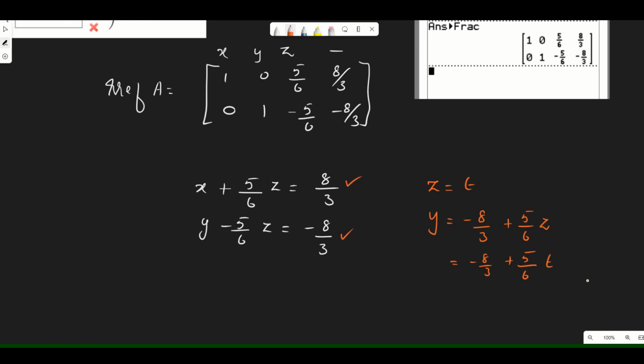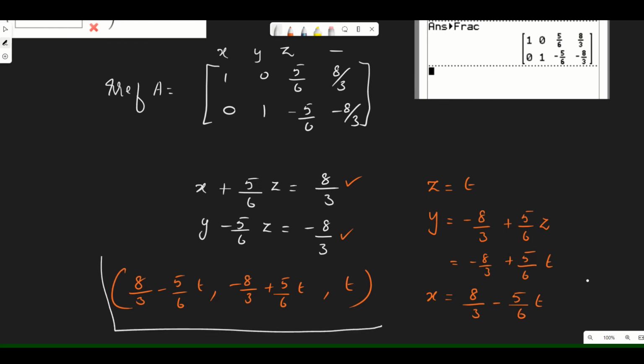And from the first equation, I will get x equal to 8/3 minus 5/6 t, z is t. So the solution will be 8/3 minus 5/6 t, then negative 8/3 plus 5/6 t, comma t. So that will be the solution for the first two equations.